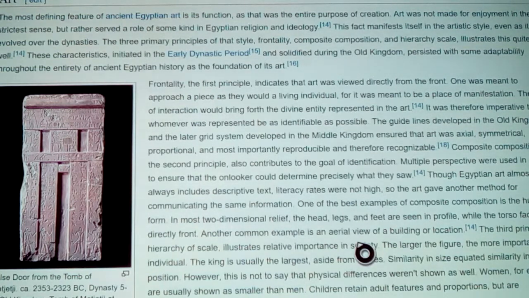The three primary principles of that style are frontality, composite composition, and hierarchy of scale and size. These characteristics, initiated in the Early Dynastic Period and solidified during the Old Kingdom, persisted with some adaptability throughout the entirety of Egyptian history as the foundation of its art.